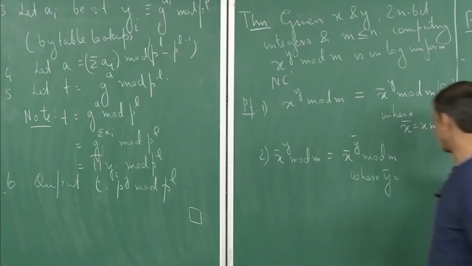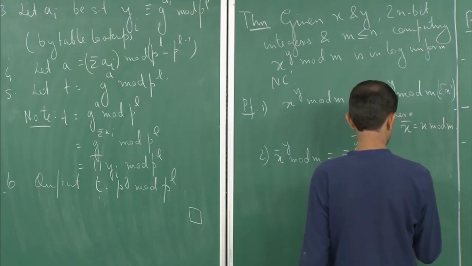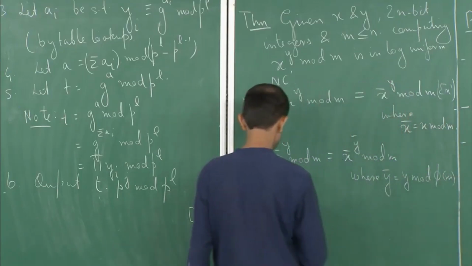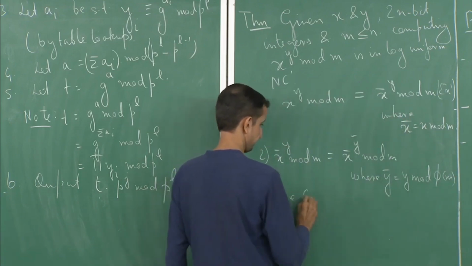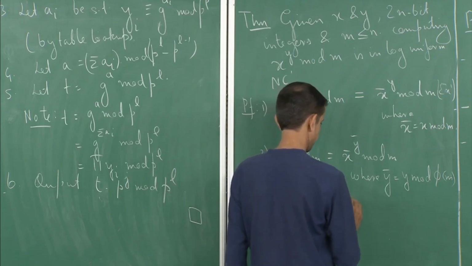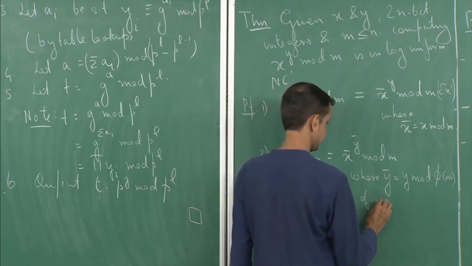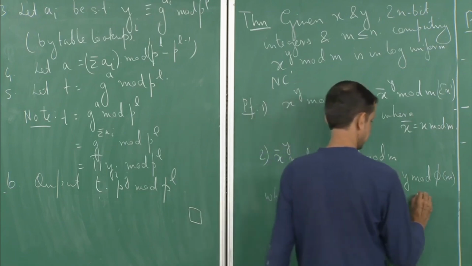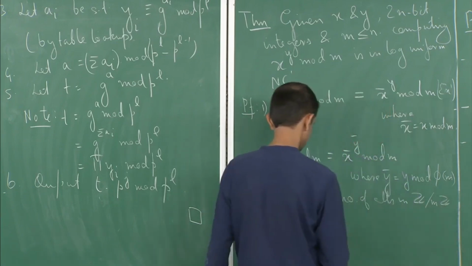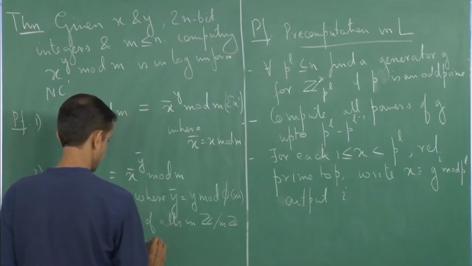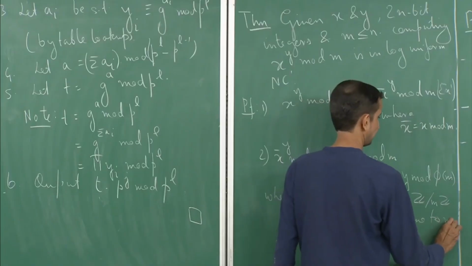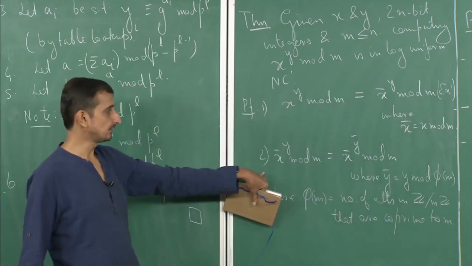So I can write this as y mod phi m, where phi m is the number of elements in Z mod mZ that are co-prime to m. So verify this. Please make sure you verify 1 and 2.